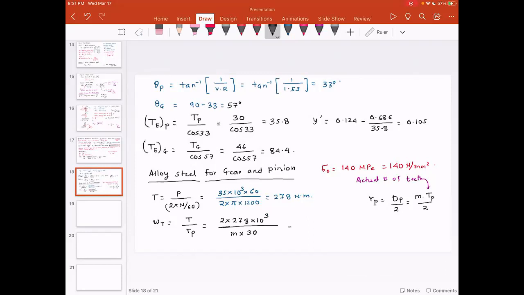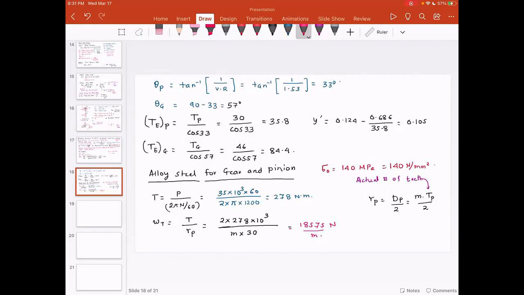That gives me 18,575 Newton divided by m. So now we know the value of Wt.